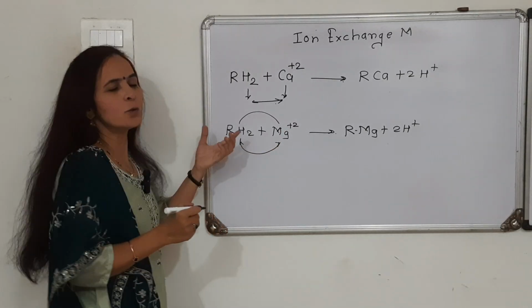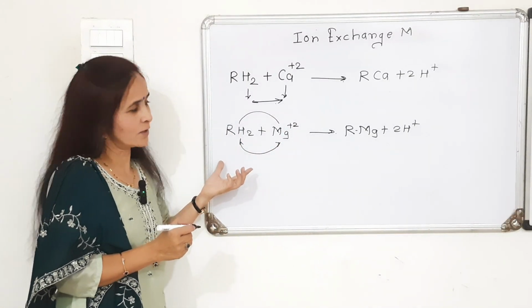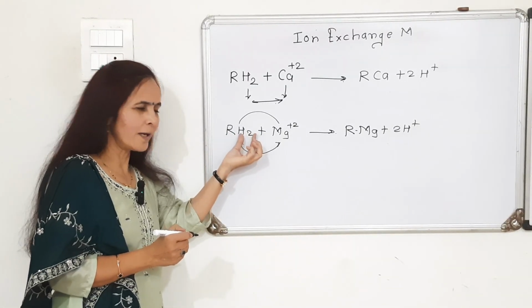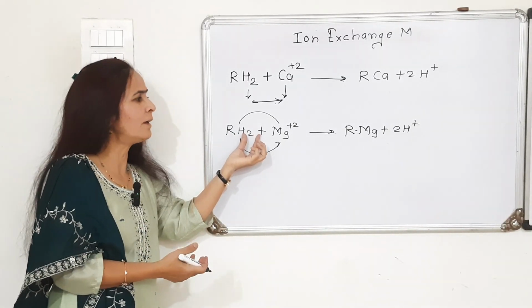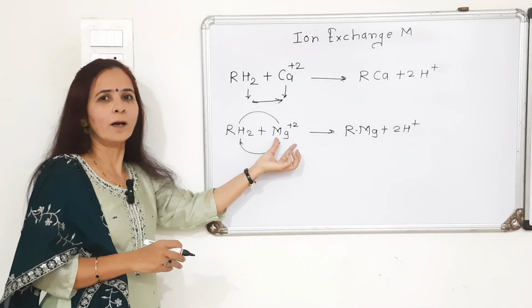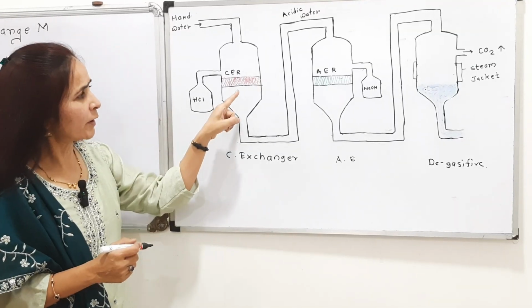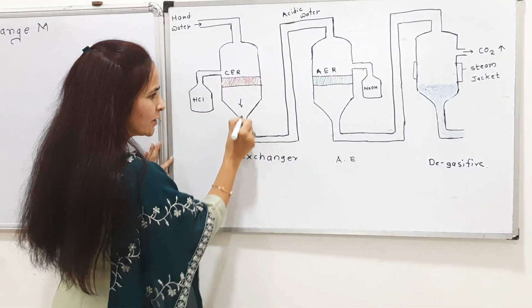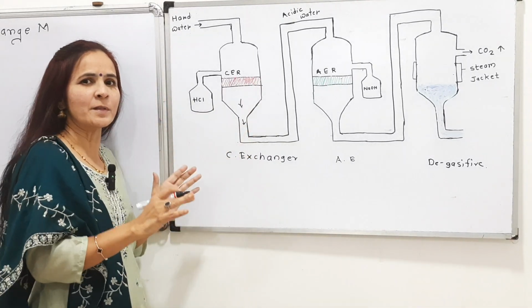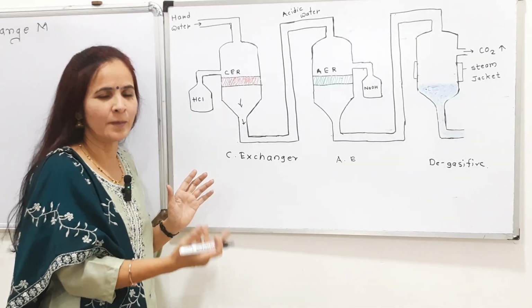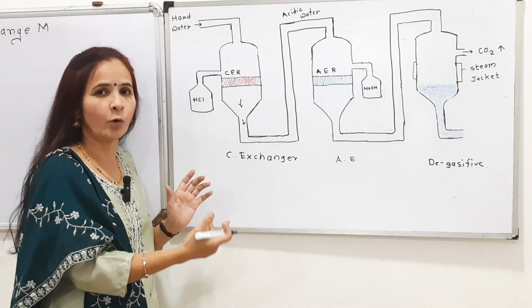That's why it is known as a cation exchanger resin, where R is the resin, H+ are the ions present in the resin, and this is the magnesium ion present in the hard water. The water which comes from this cation exchanger resin becomes free from calcium and magnesium, that is, the cations present in the water.